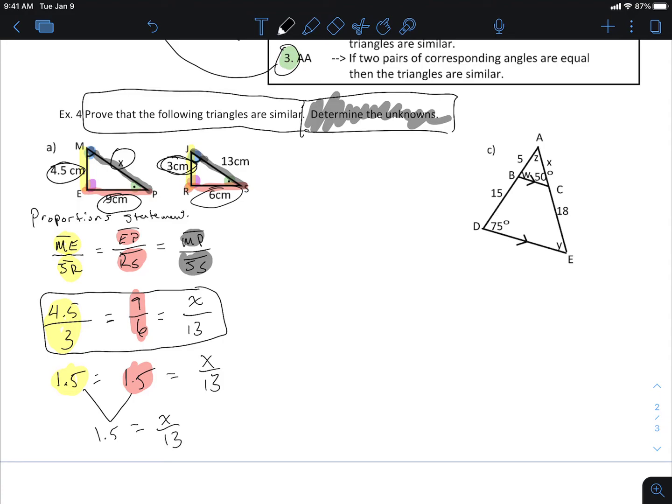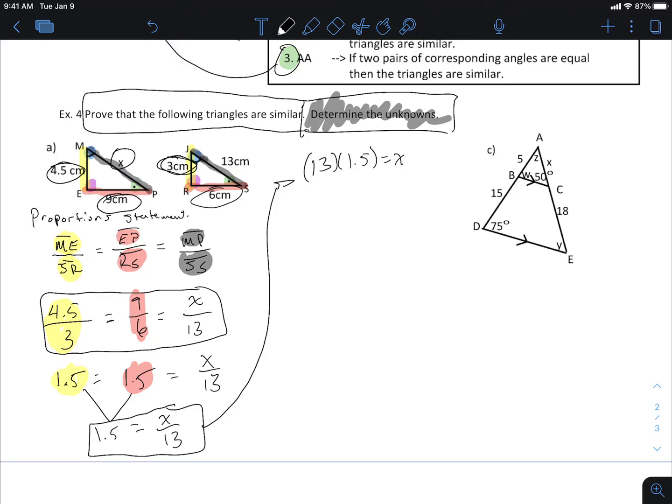How would you ever find x in this scenario? Well, why can't I just multiply both sides by 13? Let's do that. Multiply both sides by 13, I'm going to get 13 multiplied by 1.5. That's equal to x.